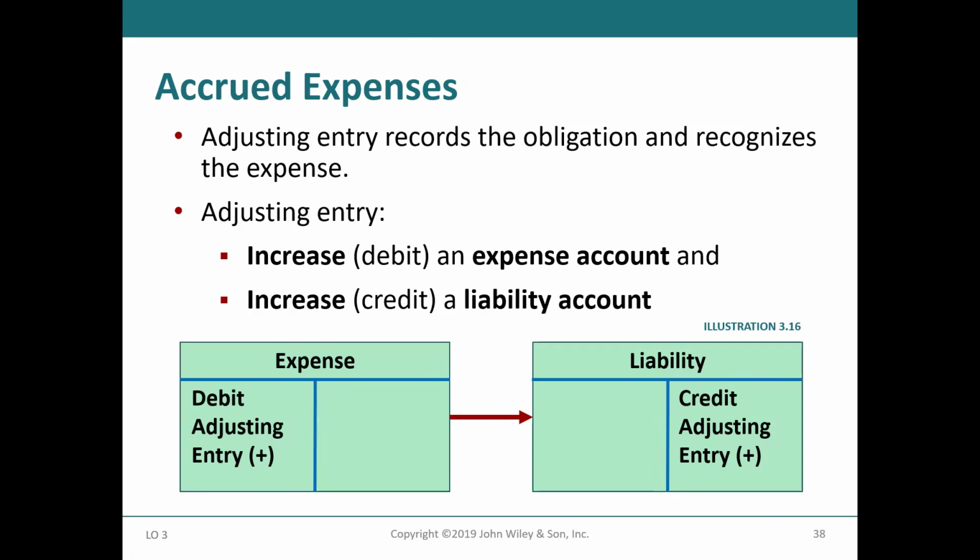The journal entry to record them is that you debit the expense account and credit the liability account, because we owe money to somebody. We already used the expense, but we haven't paid money yet. We owe money to someone. So we debit the expense account and credit the liability account.